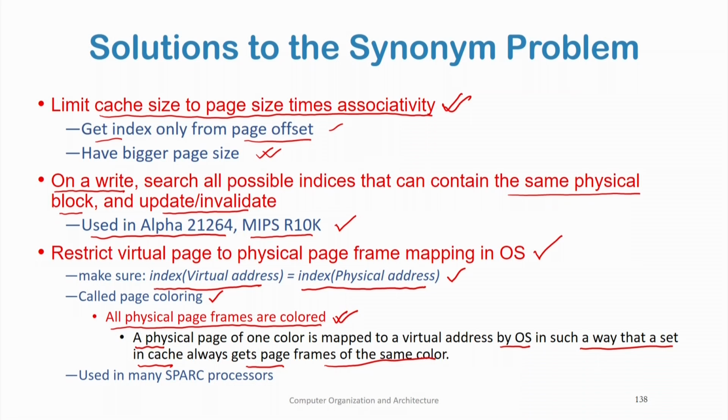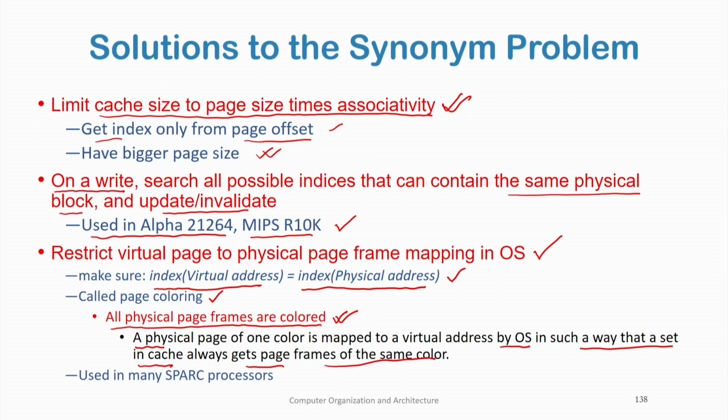I have already statically colored the page frames. Now, a physical page of one color is mapped to a virtual address. So, what will happen? The OS will allocate physical pages to virtual addresses.